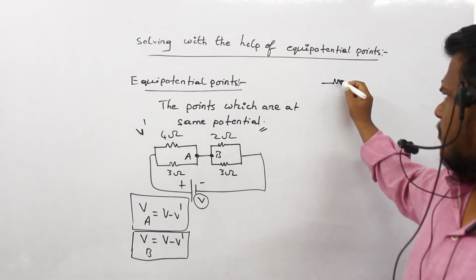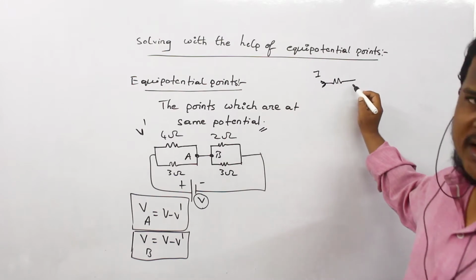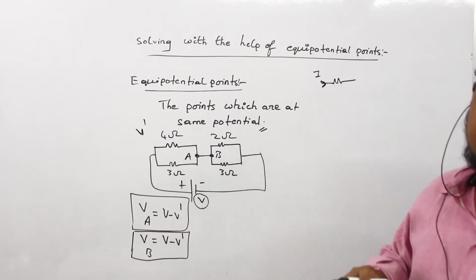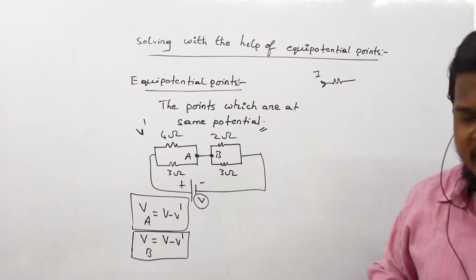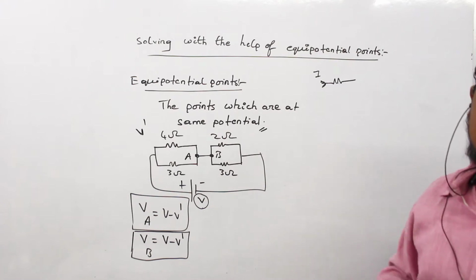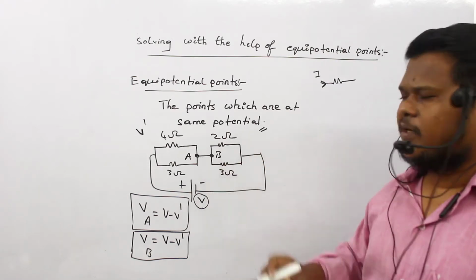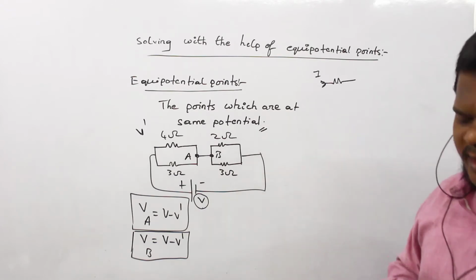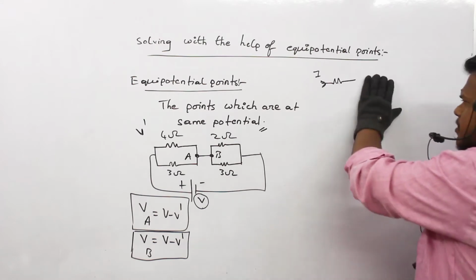For example, if I have a resistor and current is flowing, somebody should push the charge so that current enters into it. So for charge to flow through this resistor, definitely we have to do some work. But in traveling from A to B, there is no such opposition, no such resistance. Therefore, potential drop will not happen between A and B. So A and B, I can call equipotential points.